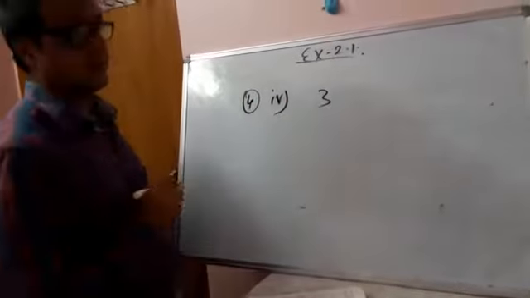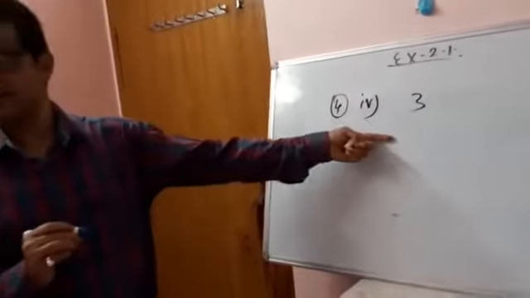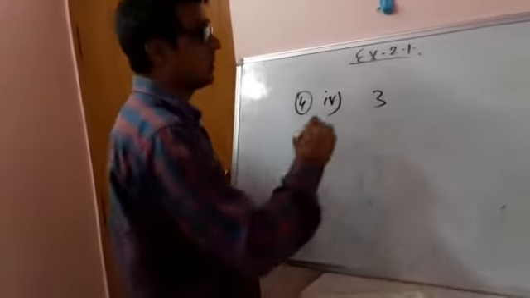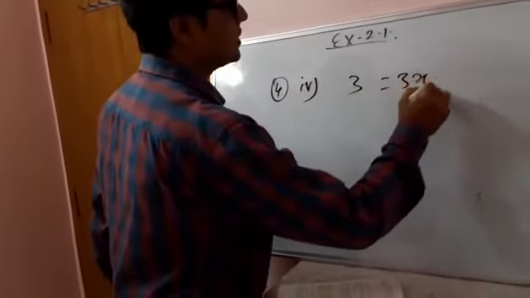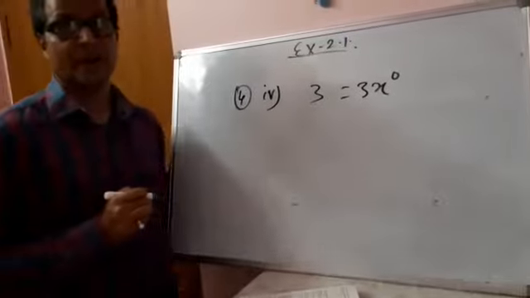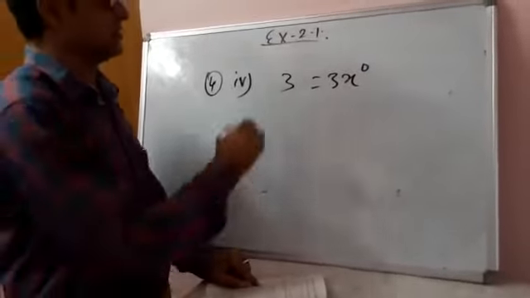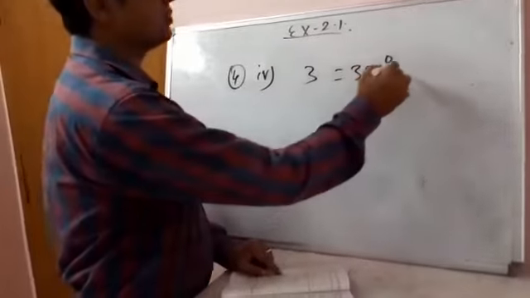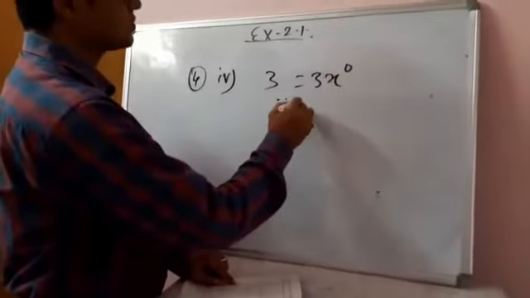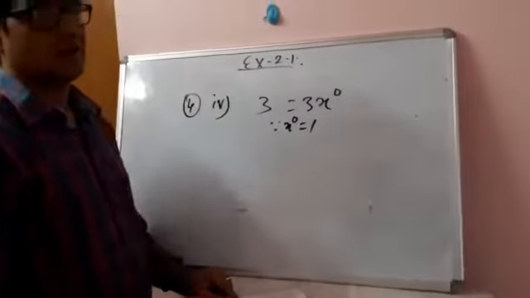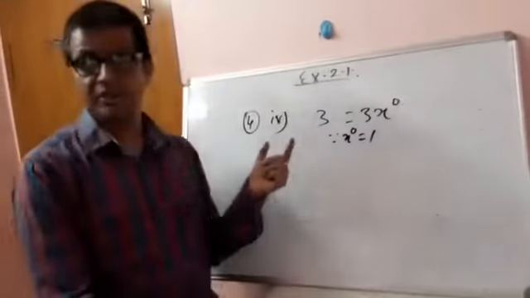Only 3 is written. So the big question: is it a polynomial? Yes, it is a polynomial. How? It could be written as 3x to the power 0. As I said, the degree should be a whole number. Since x to the power 0 is equal to 1, whenever we put 0 as the power of any variable, it gives 1.